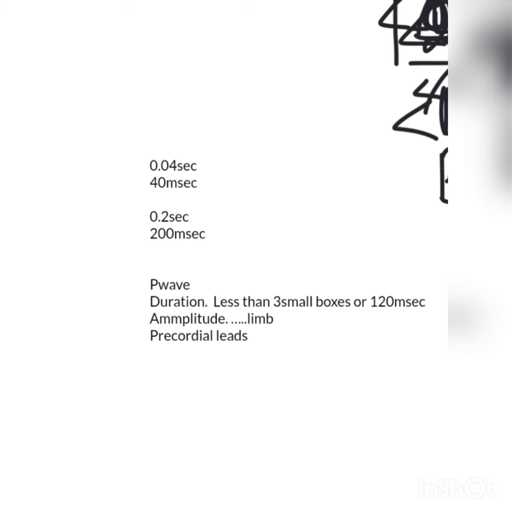In limb leads, the amplitude of the P wave was less than 2.5 mm or 2.5 small boxes. In precordial leads, it was less than 1.5 mm.